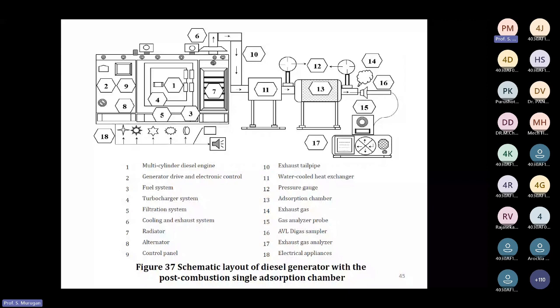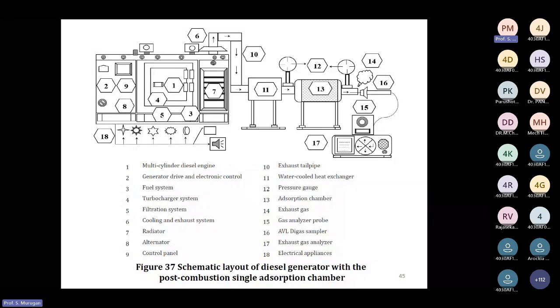Initially we tried with the single absorption chamber, then we also conducted with the double absorption chamber. Then we measured all these parameters like HC, CO, CO2, NOx emission, in addition to fuel consumption.